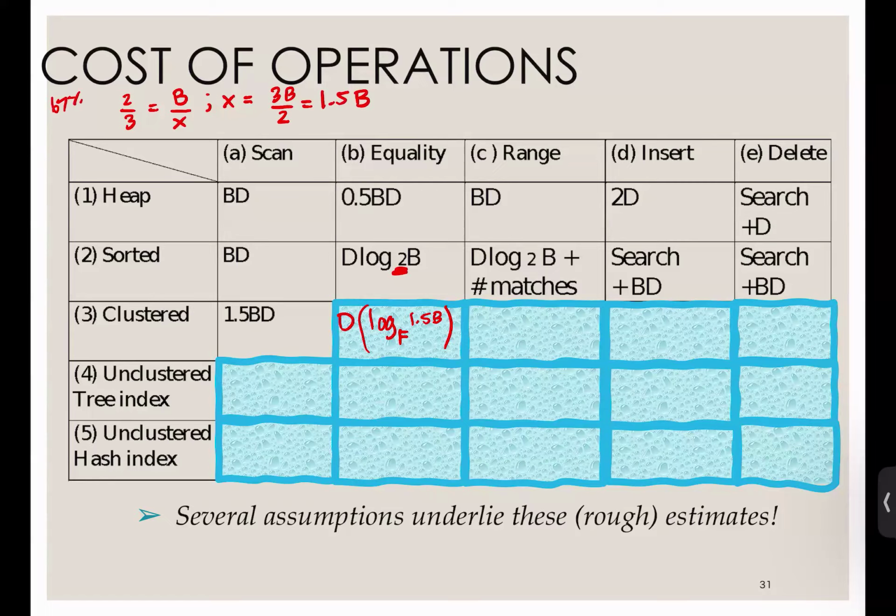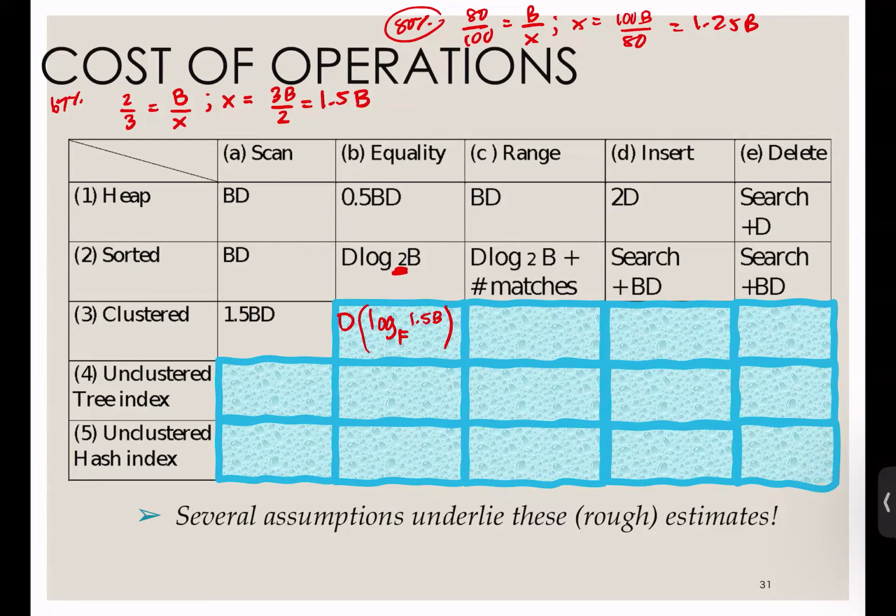But if it's 80%, that's for hash. So 80%, you do the same way. So X would be 100B over 80. So that's 1.25B. So that's for hash. So for now, with the assumption of 67% occupancy rate, we will deal with 1.5B pages.